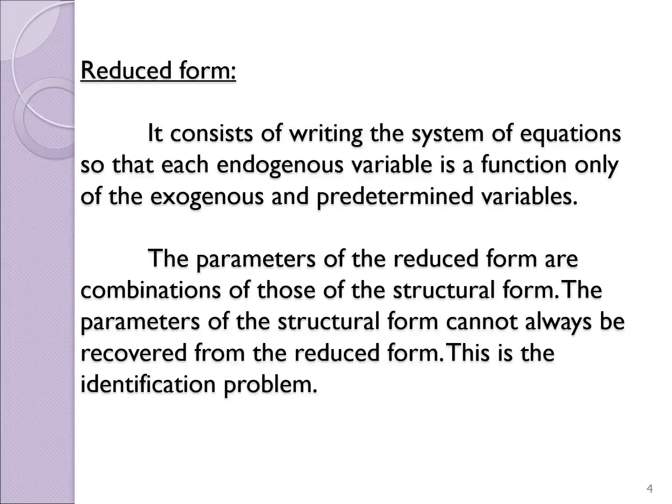Identification may mean different things in different contexts, but in our context it means how we solve and find the value of the alphas and betas of the structural form from the values of the parameters that we can estimate from the reduced form.